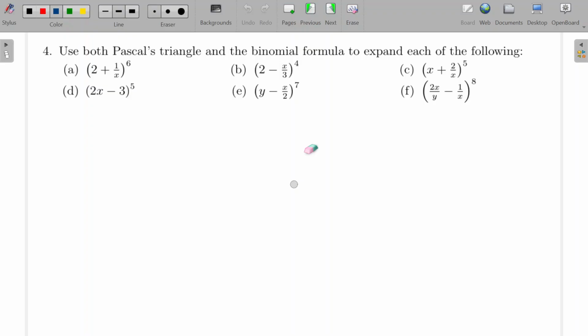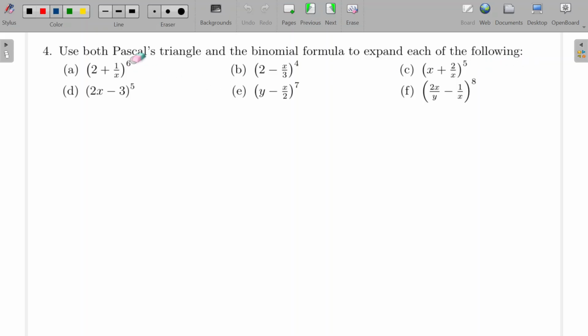Now this question was very long, because they are asking us to use both Pascal's triangle and the binomial formula to expand each of the following.